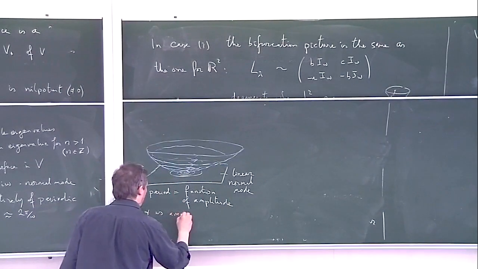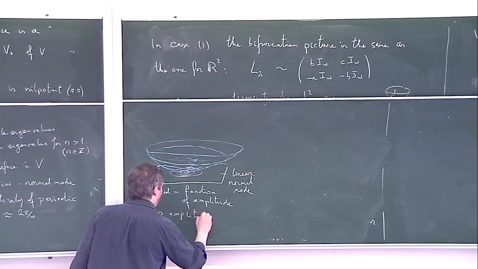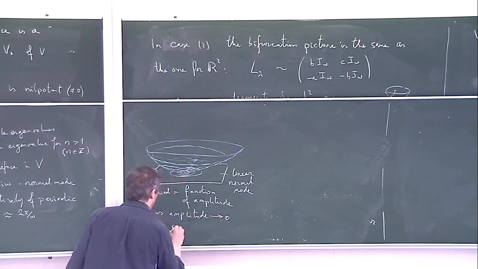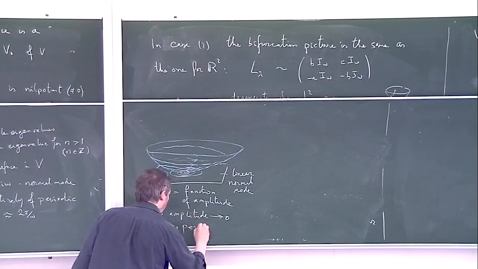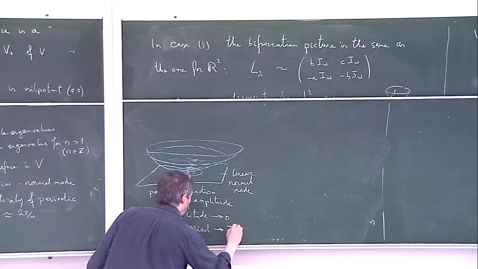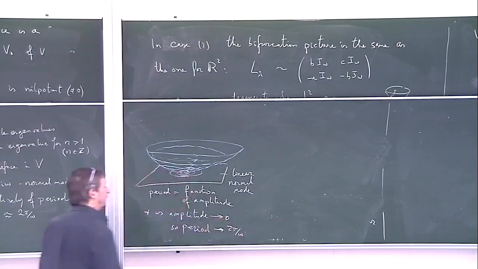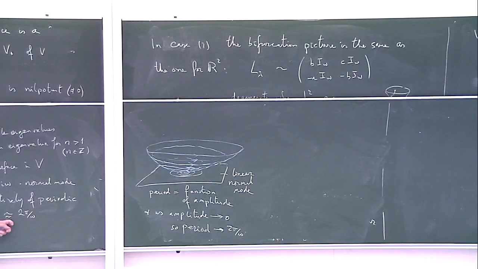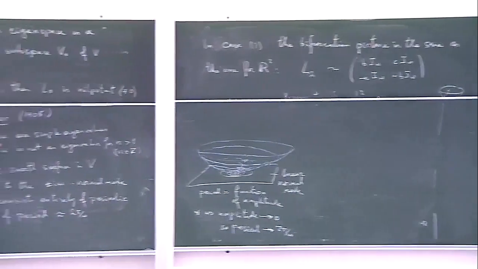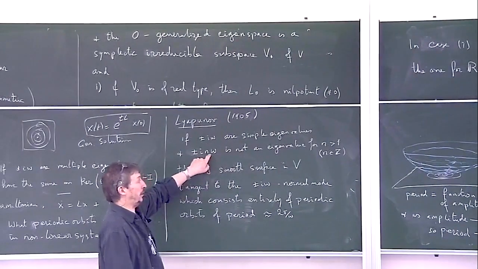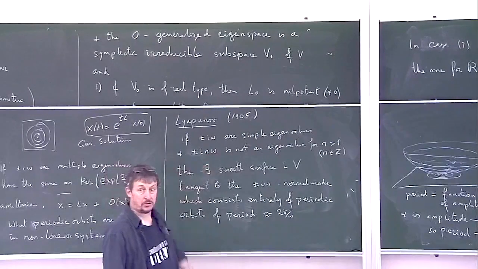As amplitude tends to 0, the period tends to 2 pi over omega. That's what this means. So that's Lyapunov's theorem. It requires, firstly, simple eigenvalues, and secondly, this non-resonance condition.